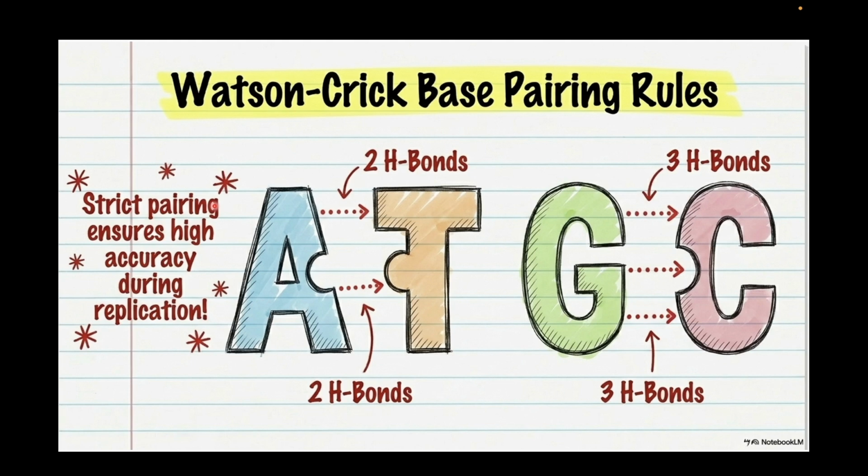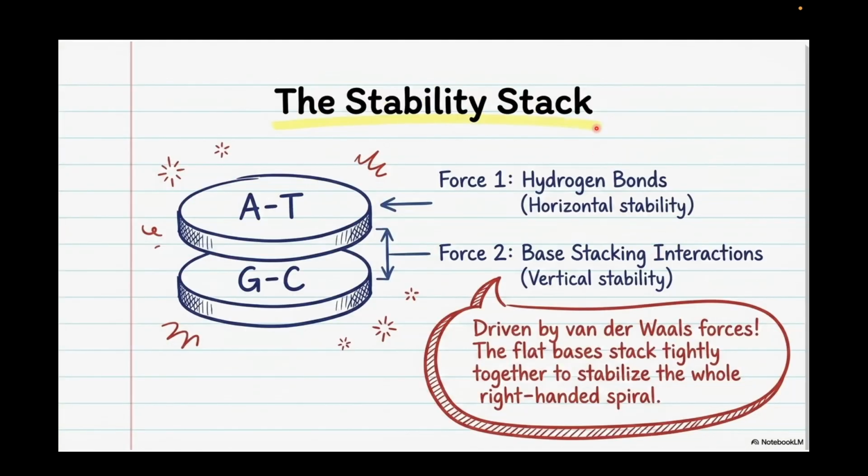So now, how does this pairing happen? Adenine, when paired with thymine, forms 2 hydrogen bonds, and when guanine pairs with cytosine, it forms 3 hydrogen bonds. And this is known as the Watson-Crick base pairing rule. And how is the stability between the DNA strands maintained?